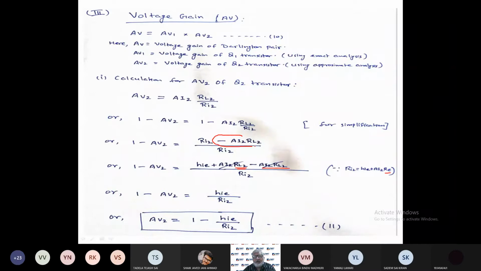This part and this part will cancel out, and we will get HIE divided by Ri2. So 1 minus AV2 is this, and from here you get the expression of AV2, which is equal to 1 minus HIE divided by Ri2. This is my one expression.